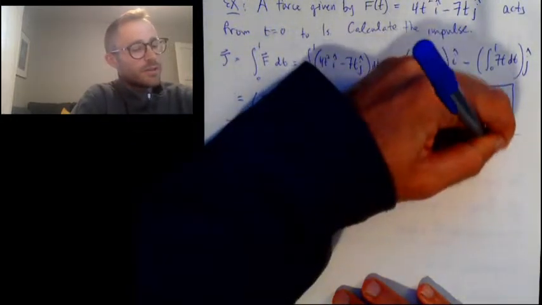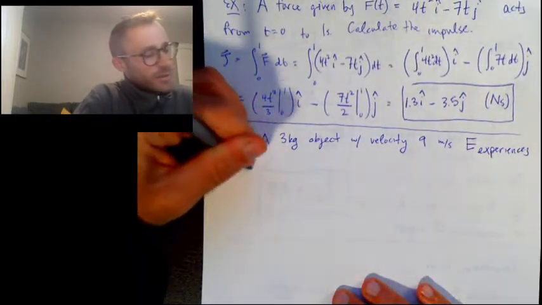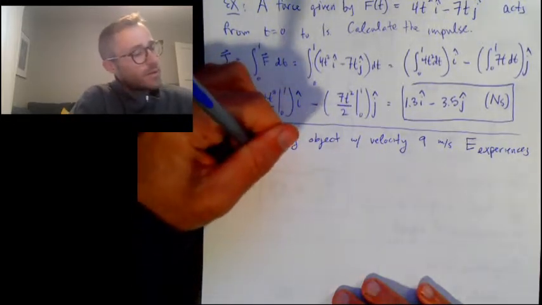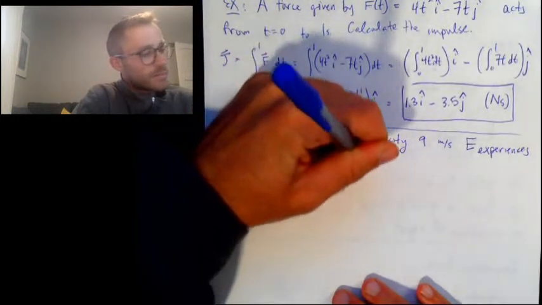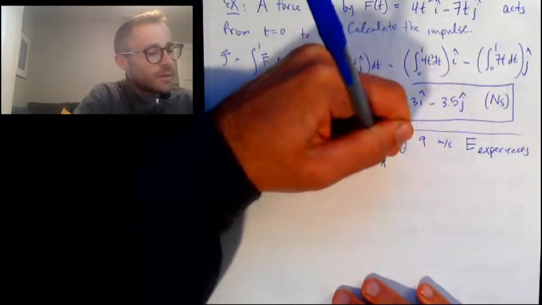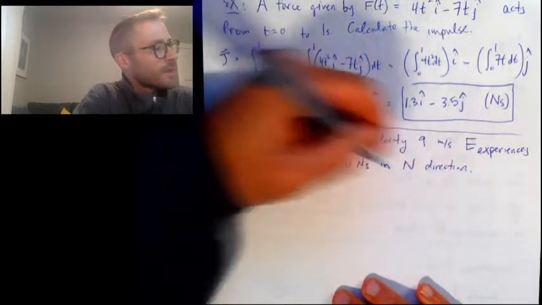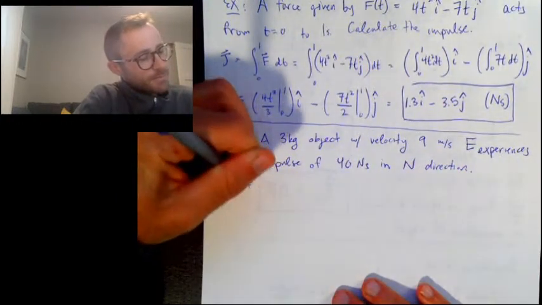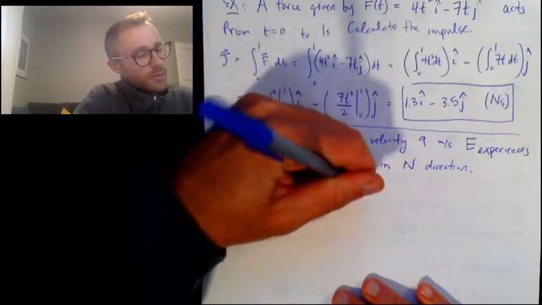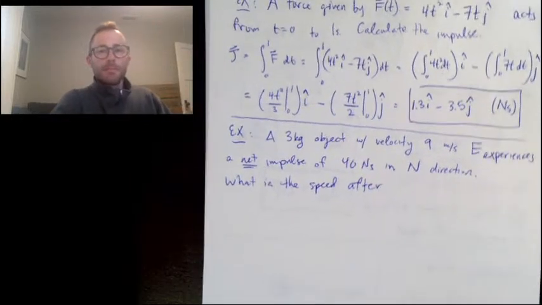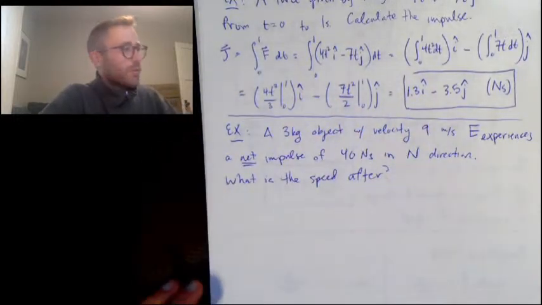And it experiences a net impulse, and that's important to say net, of 40 newton seconds in the northward direction. What is the speed after? This is an example of an impulse problem where the two-dimensional nature is important.